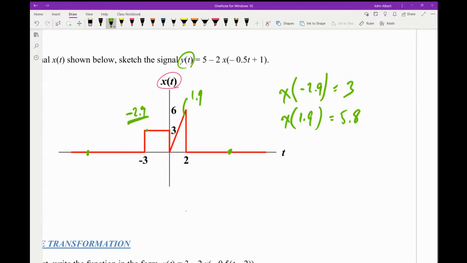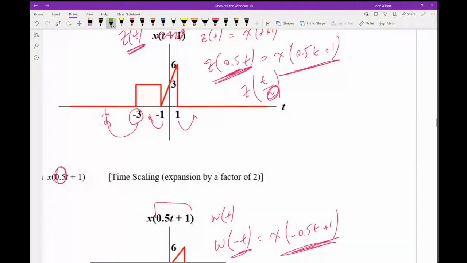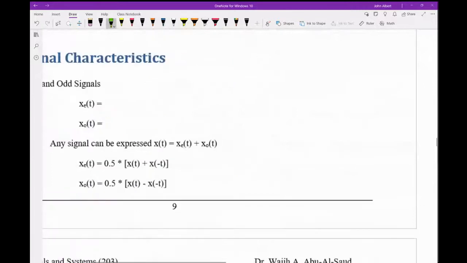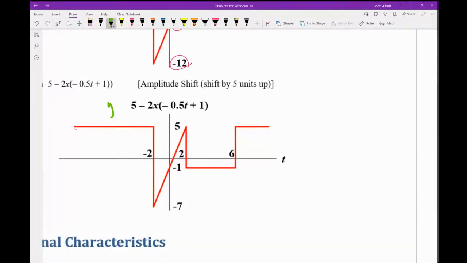Okay, I think I have done it. My apologies. I have done it in the opposite way. I should have taken maybe values from y. My apologies. I think this will give me better. Take this as y of t. It's equal to this.